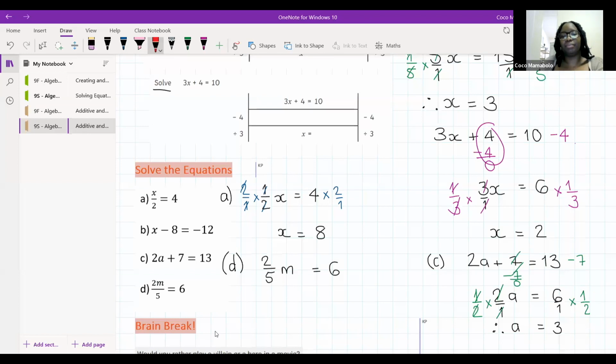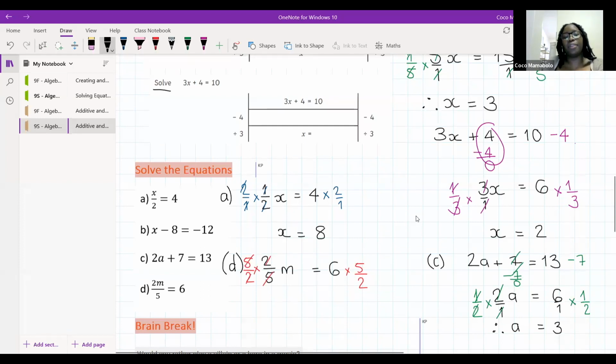So it's going to be 5 over 2 on the left-hand side. And where else does the 5 over 2 need to go? It's going to be on the right-hand side, 6 times 5 over 2. Then we can cancel 5 and 5, 2 and 2.